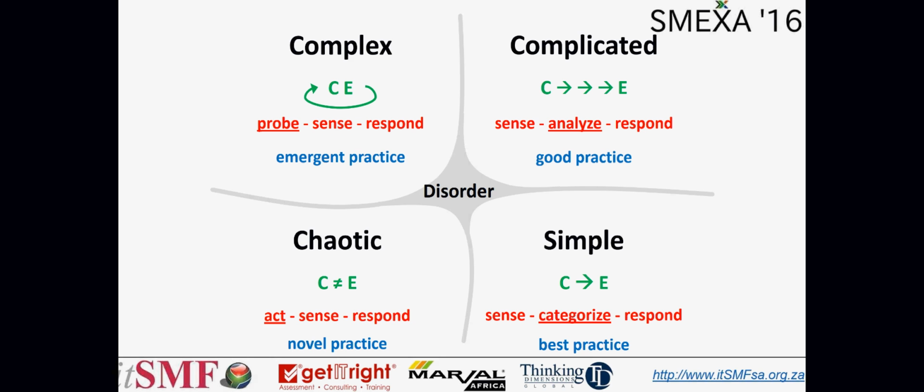Now, Mr. Snowden himself actually tells us that in most cases we're starting off in the domain of disorder, and then we're trying to identify quite quickly in which domain we need to put any of our given scenarios.